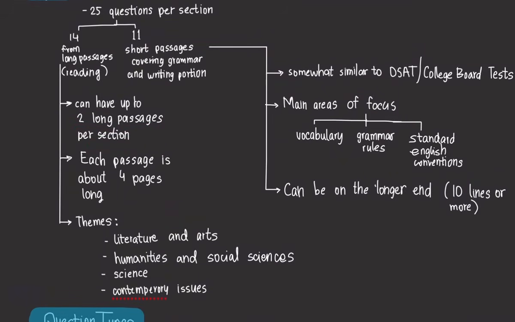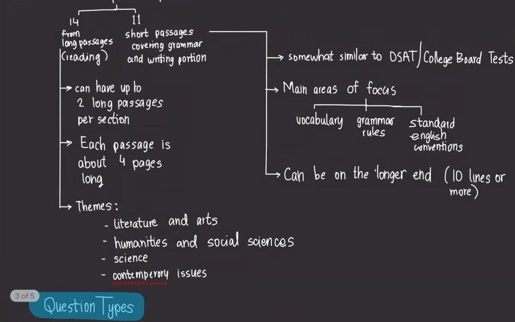This can sometimes go to 3 and 4, and each passage is about 4 pages long. So you'll have to work on your reading comprehension and also speed to be able to tackle all the questions in time and correctly.